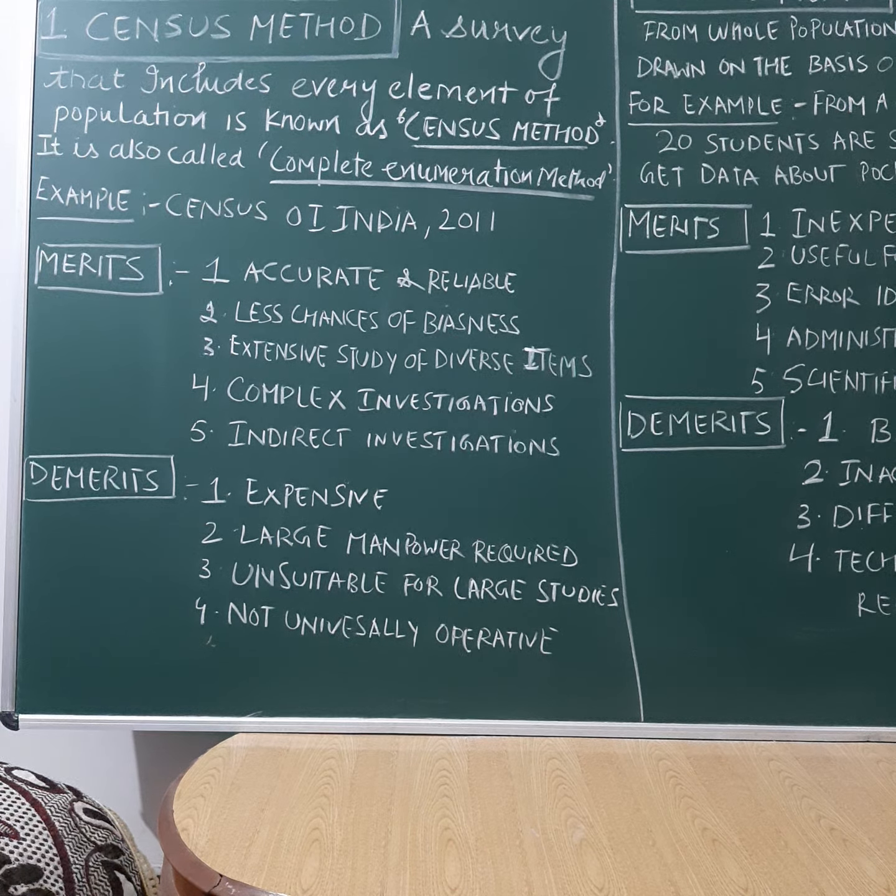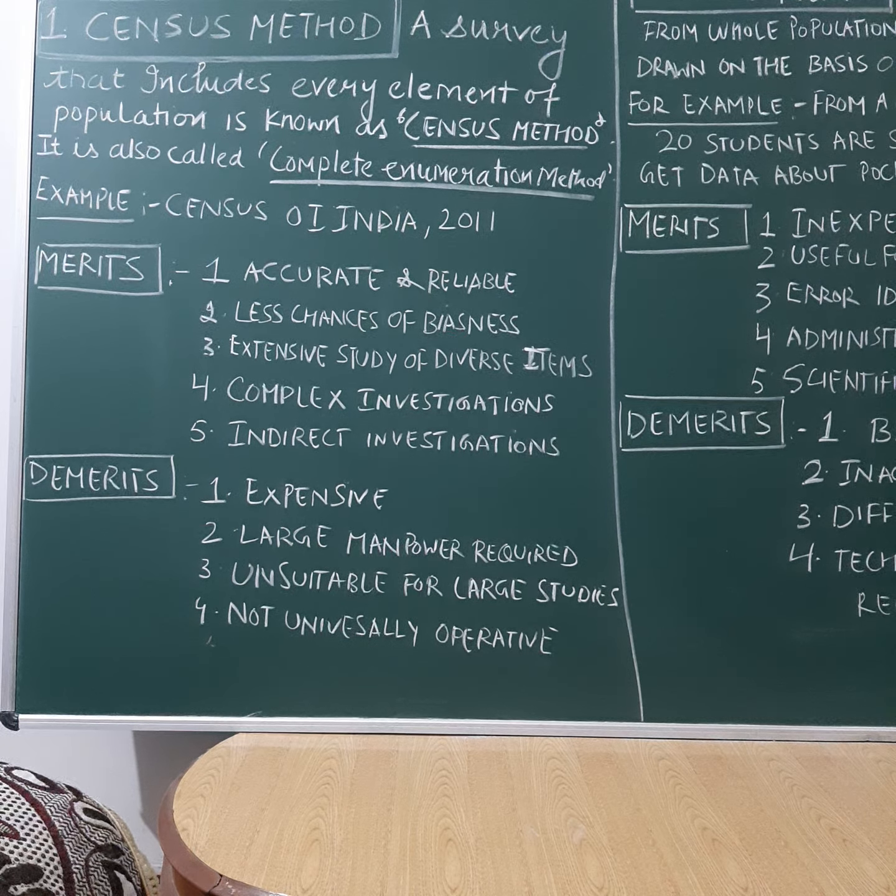Folk songs are diverse, right? So in order to study all these diversities, we need to collect the data from each and every item of the universe. That is why, when we have to study diverse items which are not similar, we have to study the whole population. Then we cannot go for sampling.